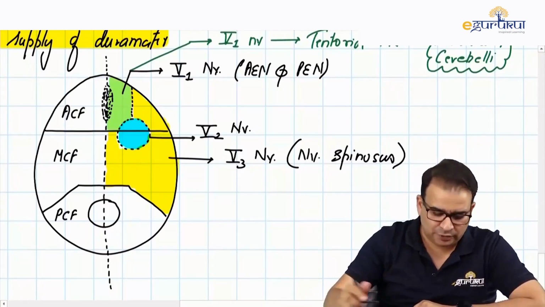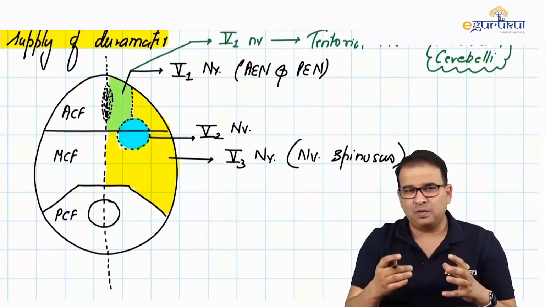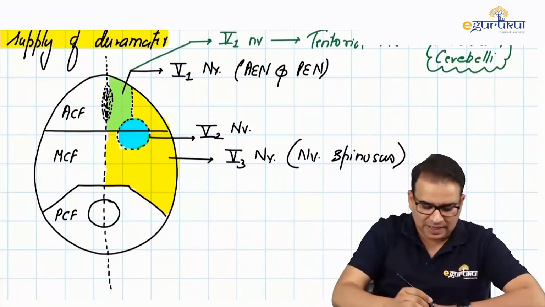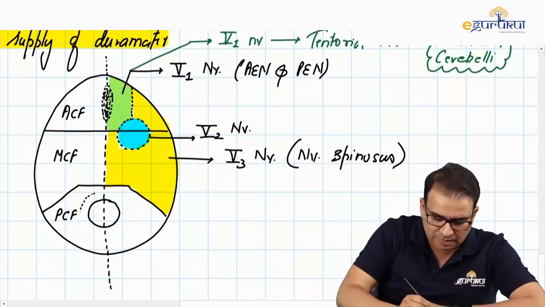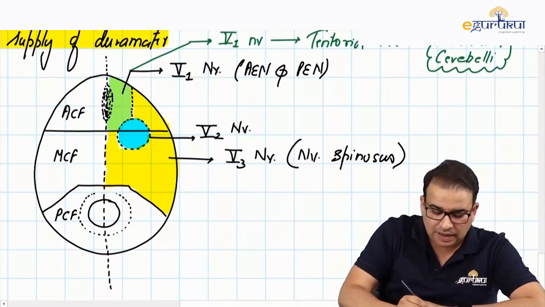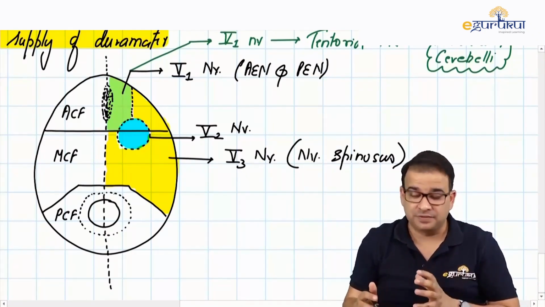In the posterior cranial fossa, the nerve supply is defined with respect to foramen magnum. That's foramen magnum in the center, right? So guys, the area which is away from foramen magnum is supplied mainly by the cranial nerves. An area which is close to the foramen magnum is mainly supplied by the spinal nerves.